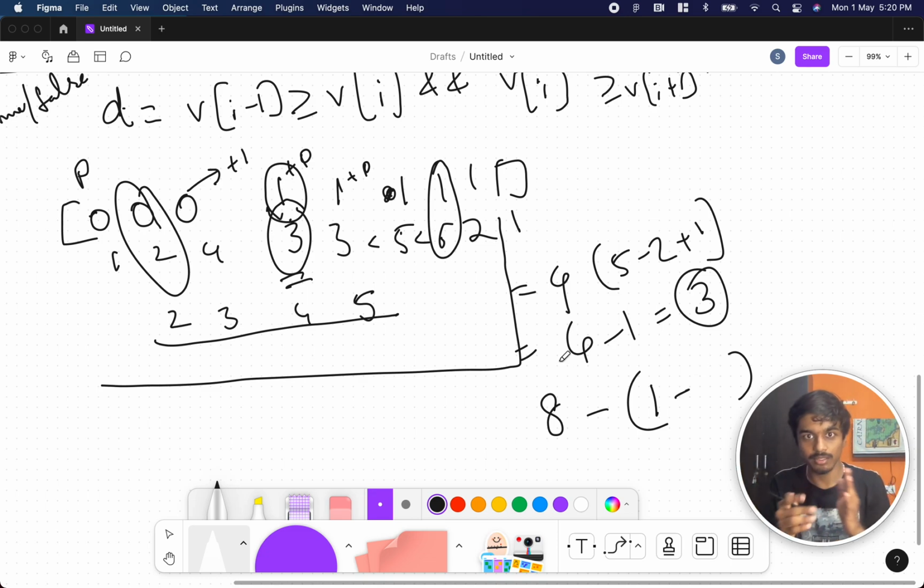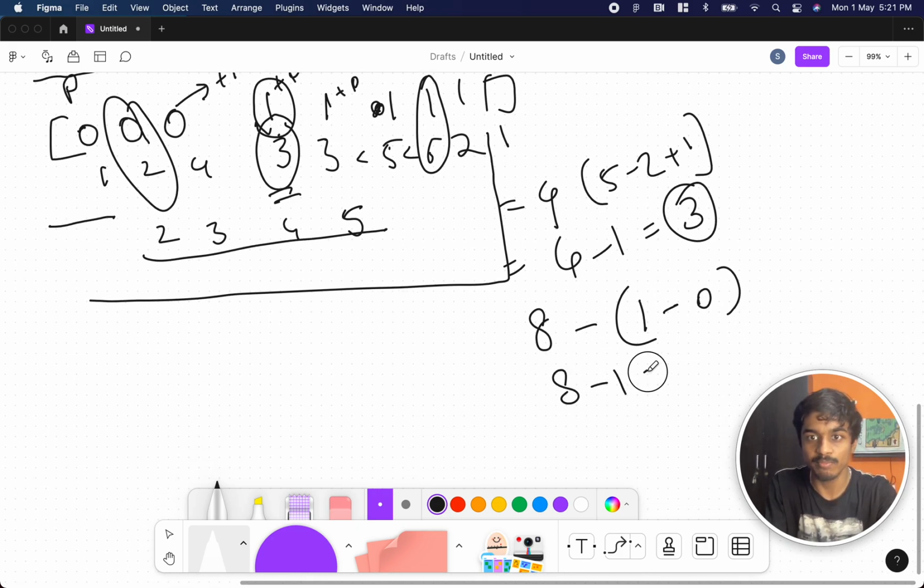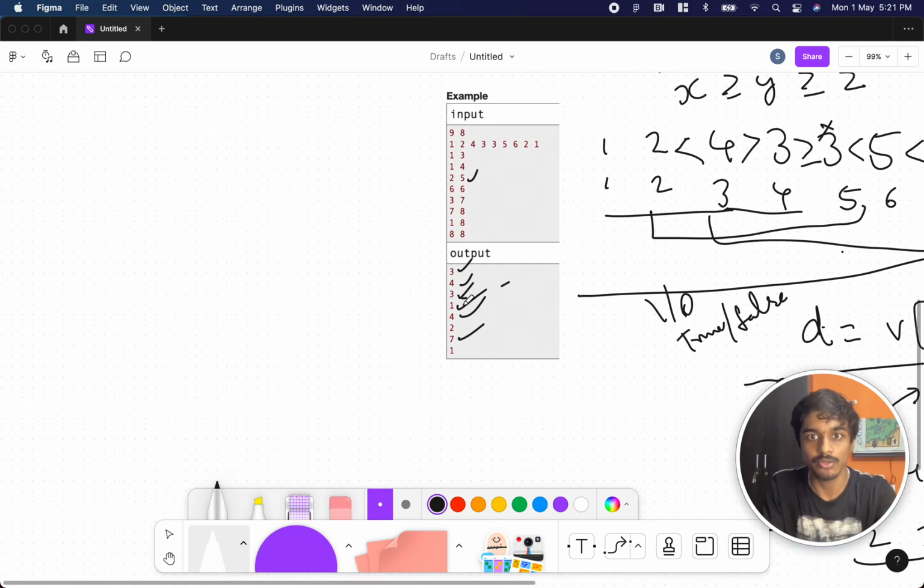So this one means number of deviations from 1 to 6 minus number of deviations till 1. So how much? This is 0 here, so this will be 8 minus 1 plus 0, 8 minus 1 is 7. So there are 7 numbers, so that's how you got 7.